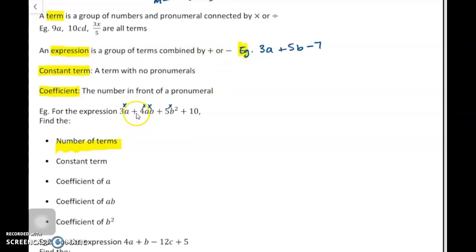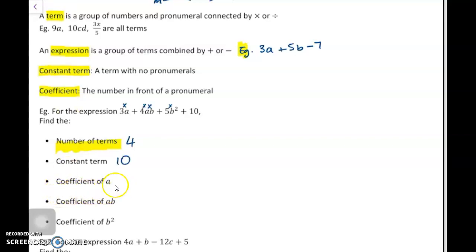So we can just look out for the pluses or the minuses in our expression and see how many terms are separated by those. So in this case, we have 1, 2, 3, 4 terms. So 4 here. The next question is, what is the constant term? Remember, the constant term is a term with no pronumerals. So in this expression, only 10 is a number by itself. So a constant term is 10.